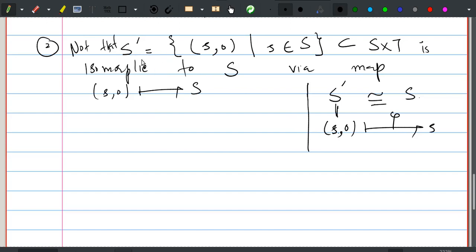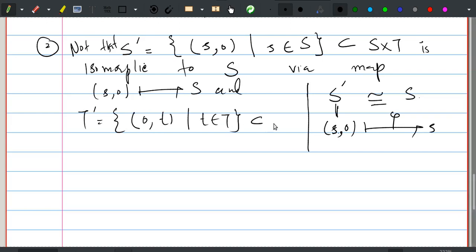Note that similarly T prime contains all two tuples of S cross T whose first component is 0.